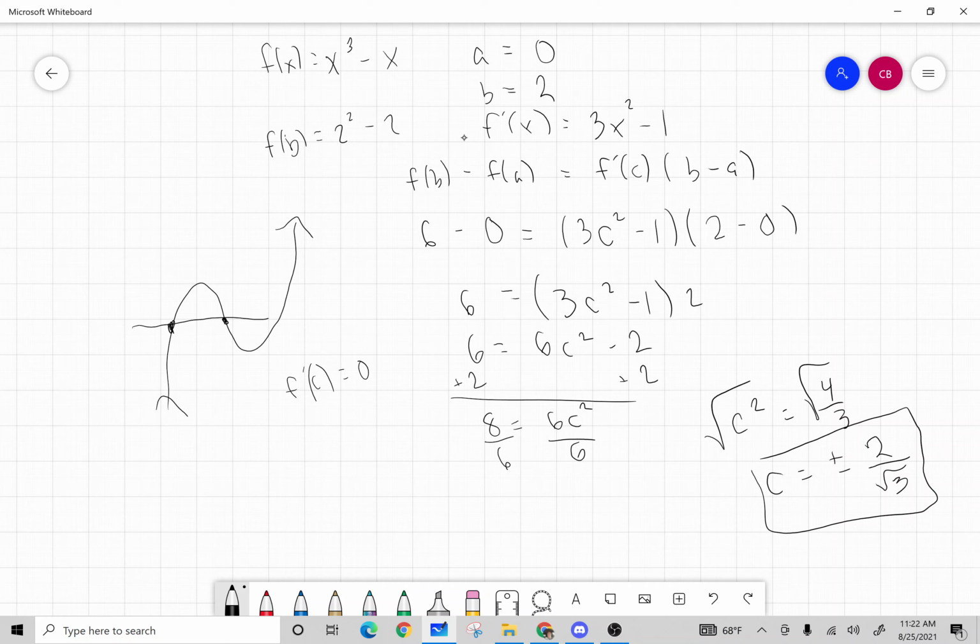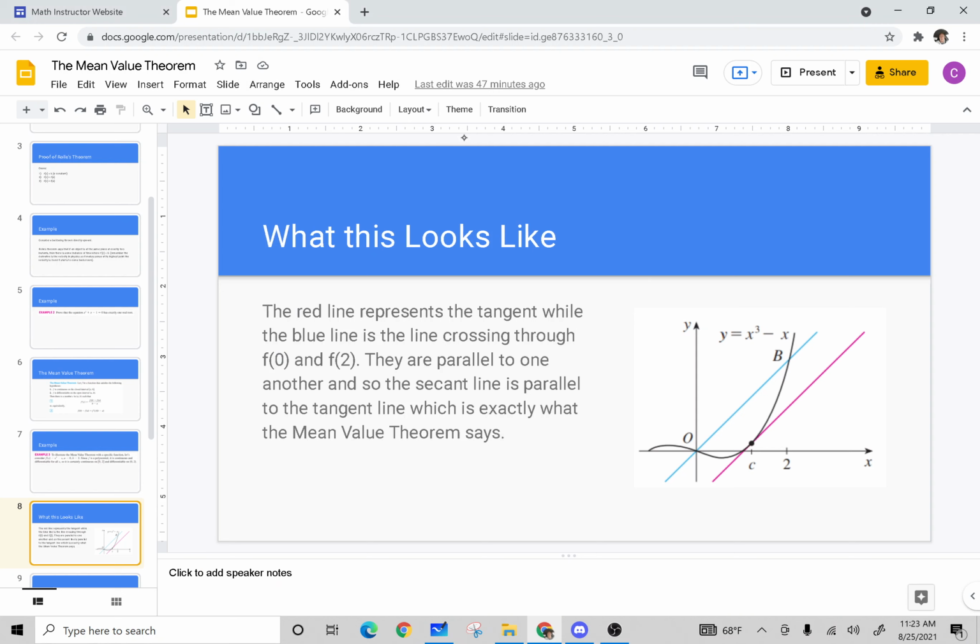We could use Rolle's theorem to do this, but now we can also predict that there will be a c value where that slope will also be equal to 0. And so we get these lines that are tangent to the graph, or parallel to the secant line. And so in a way, it's almost like a more improved version of Rolle's theorem, because it gives us a little bit more.